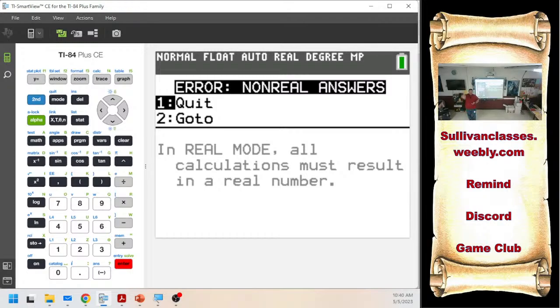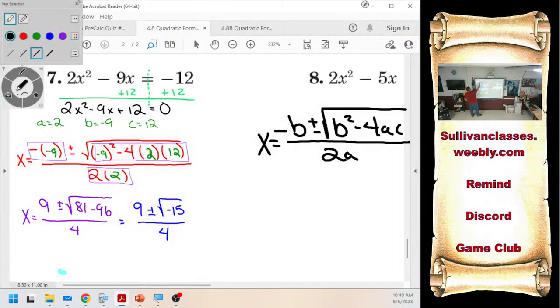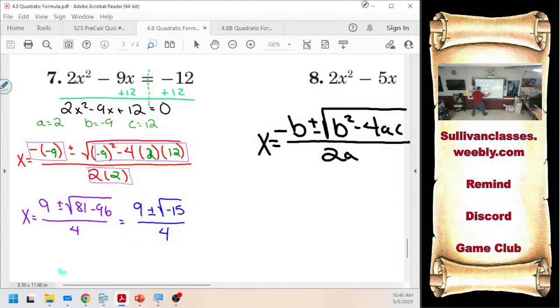Algebra 2 will tell you when you're older. For now, what we need to know is that if this is asking the square root of negative 15, it's saying what times itself will make negative 15.